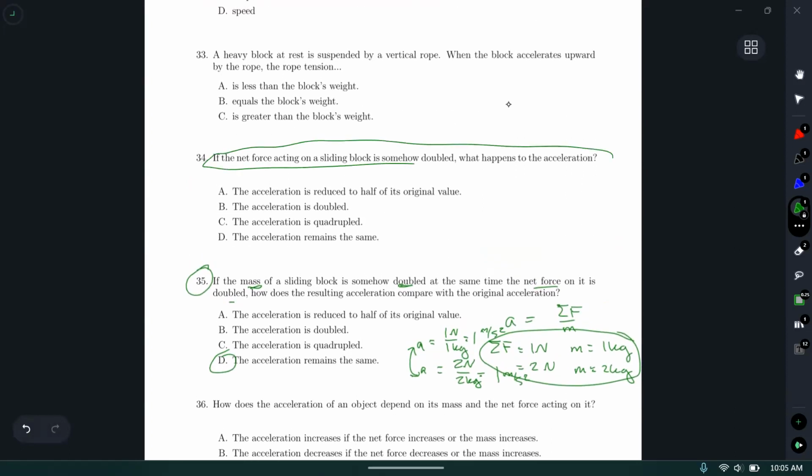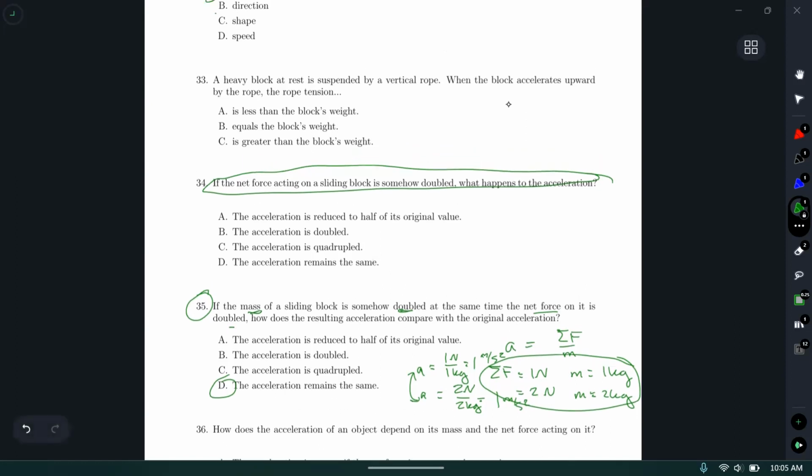But let's go back to this simpler example now. If the net force acting on a sliding block is somehow doubled, what happens to the acceleration in that case? Would that remain the same?